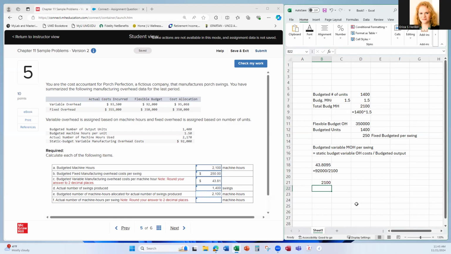Now, the actual number of machine hours per swing, let's see here. They told us 2,170, so the actual number of machine hours was 2,170, and the actual number of swings produced was the 1,400. So that would get us the actual machine hours per swing produced.